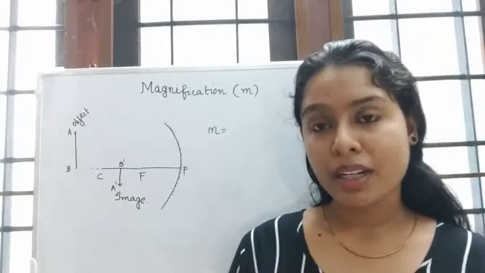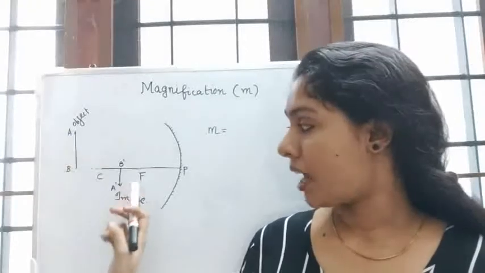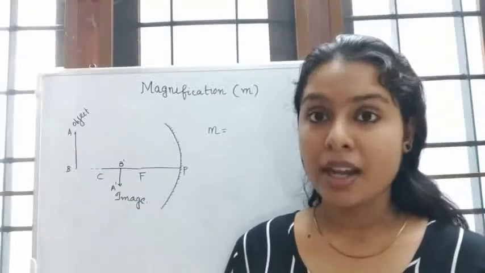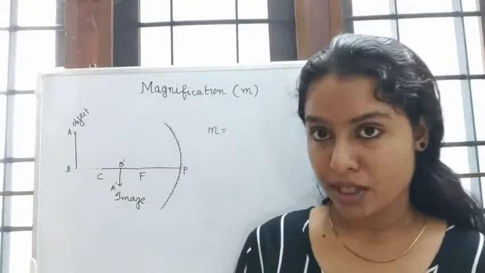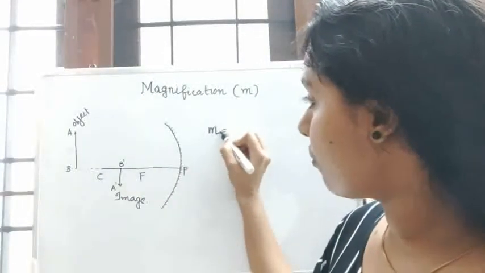So how can we relate these two things, that is height of the object and height of the image? It is given by this equation for m.